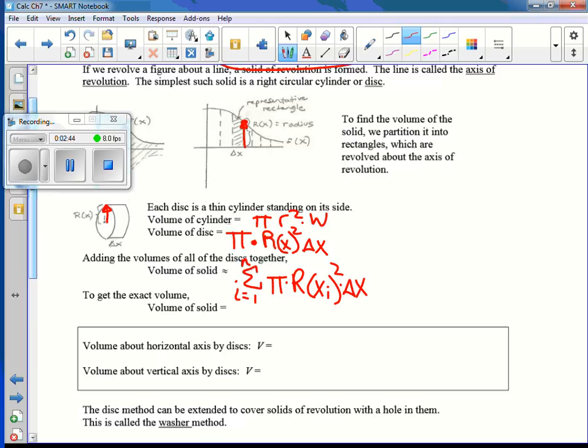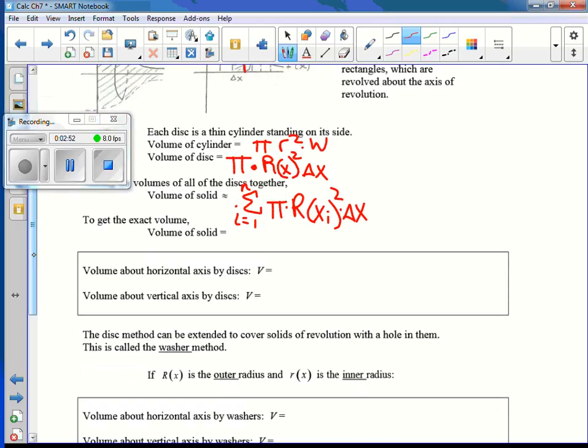Now, to get the exact volume of the solid, you're basically going to do this infinitely many times. And what do you get? You get this equation. We're going to jump straight to it: the integral from a to b of pi times r squared of x dx.